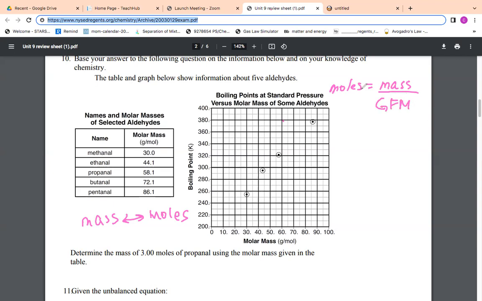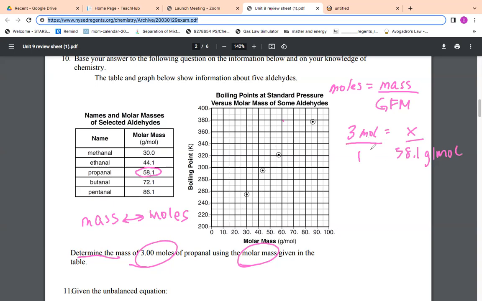Okay. So we know moles. They're telling us that it's 3 moles of this stuff. So we've got 3 moles equals the given mass. We don't know that because they're saying determine the mass, so that's just X. And the gram formula mass is basically the same thing as the molar mass. This is nice and easy because they're giving it to us. They're telling us right here in this chart that the molar mass of propanol is 58.1 grams per mole.